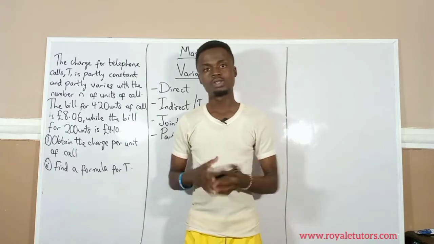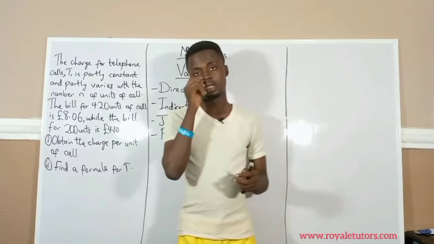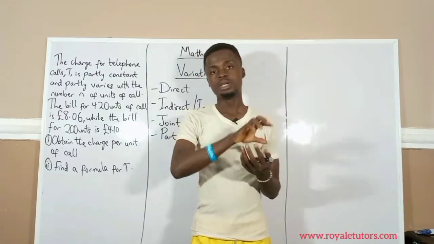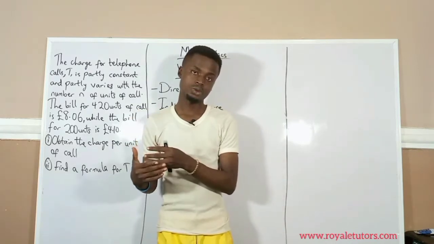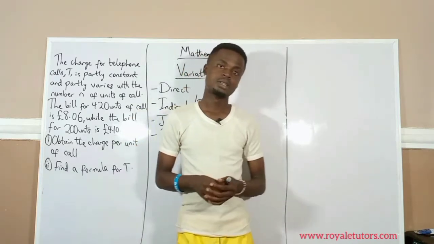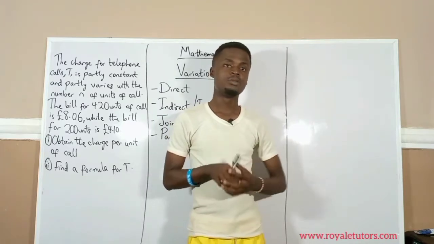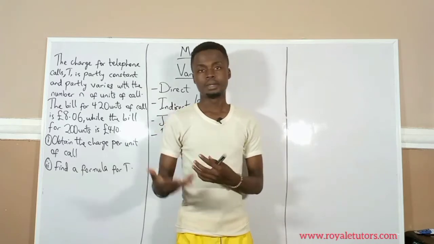For example, an electricity providing company fixes an amount of money you pay for having light, and there's also an amount of money that varies with the number of units that you use. Also in supermarkets, there is an amount of money for the goods and there is an amount of money for the number of goods that you buy.